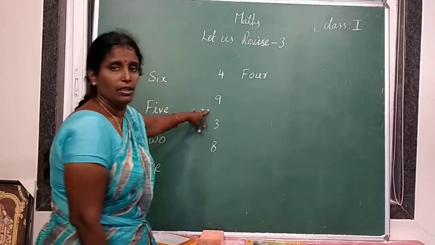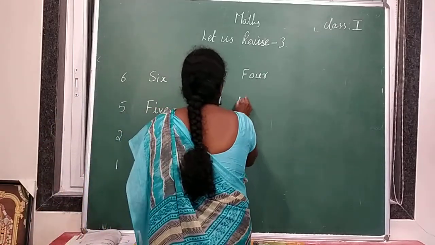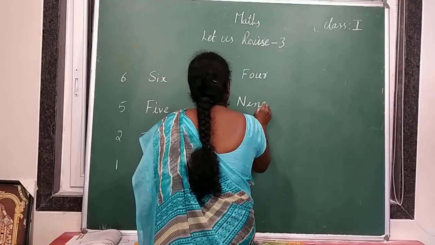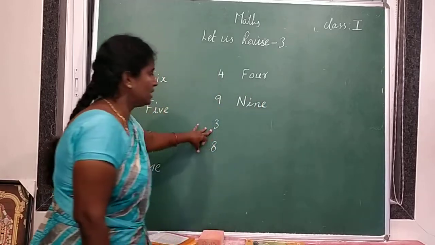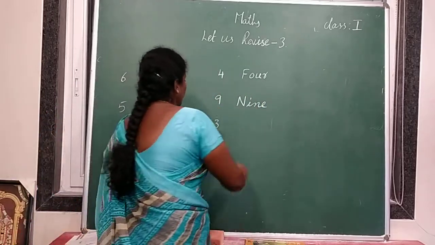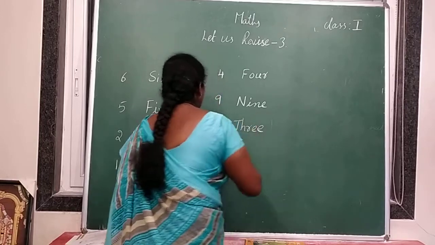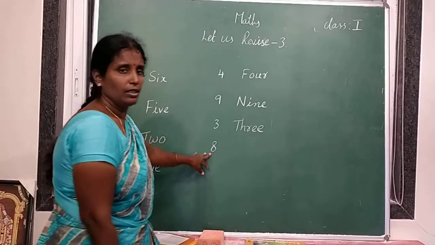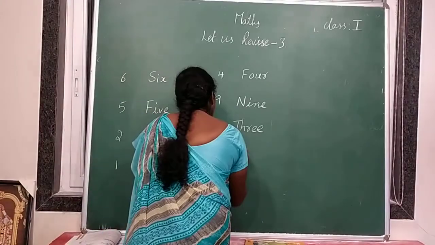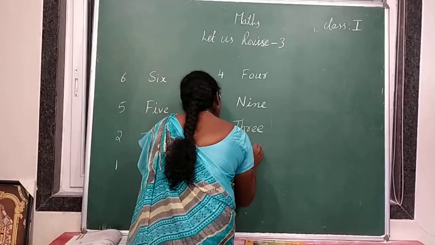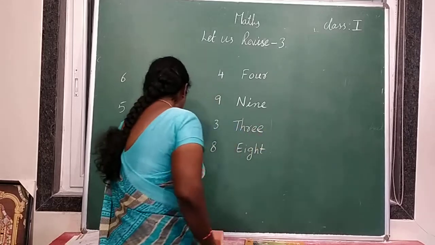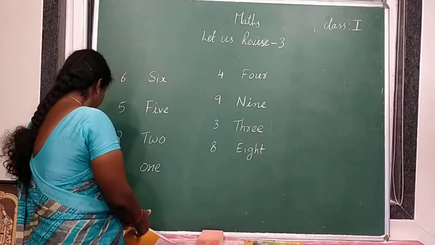Next one is 9. N-I-N-E. 9. This is 3. What is 3 spelling? T-H-R-E-E. 3. This is 8. E-I-G-H-T. 8. Complete it fast.